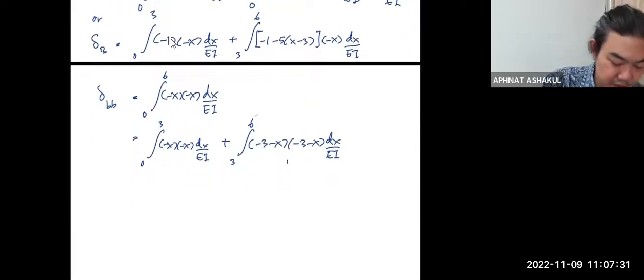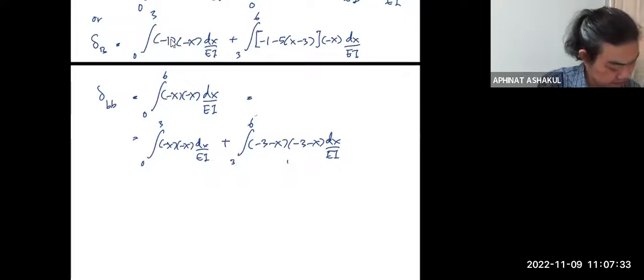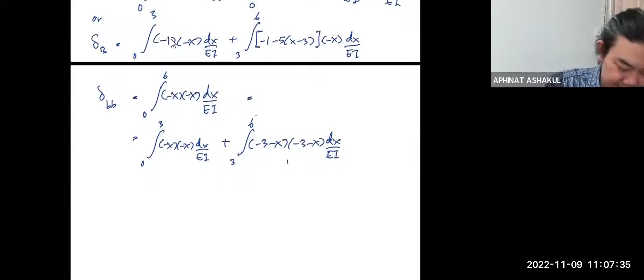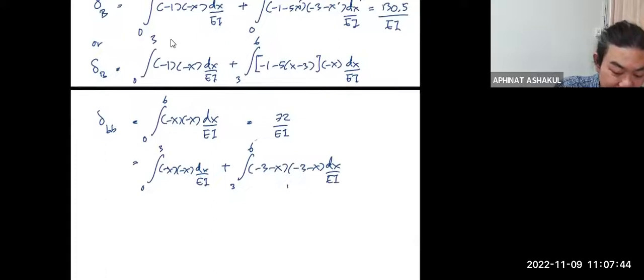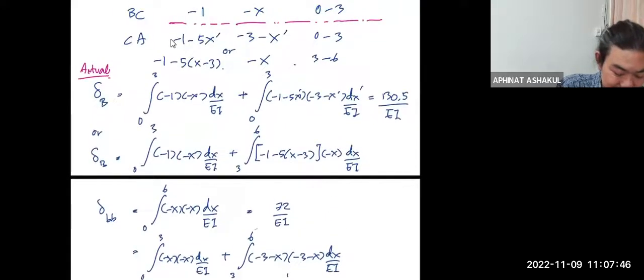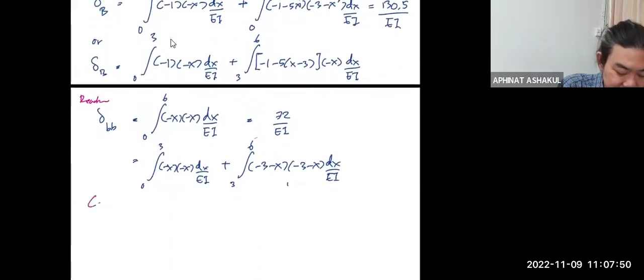Okay, so that will give you roughly 72 over EI. So now we've got the two displacements. It means that we can now create our compatibility.